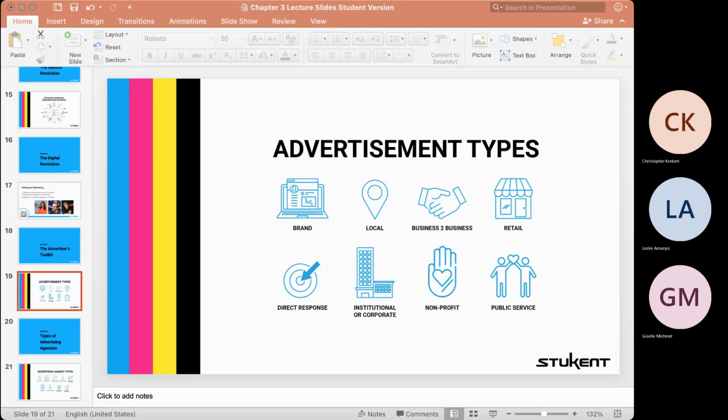Anytime you are advertising to change unhealthy behavior, anytime you are advertising to promote a positive societal cause, anytime you're advertising to inspire a societal change, you are doing a public service advertisement. Please take note of that. So inspiring societal change, an example is LGBTQ acceptance.